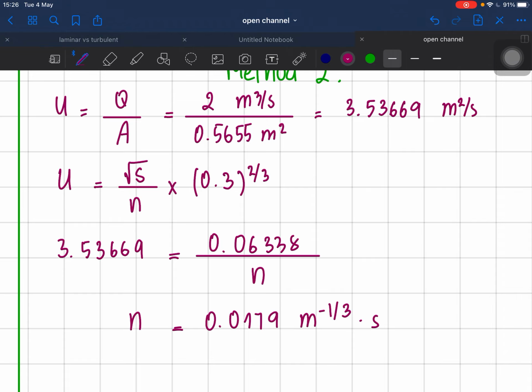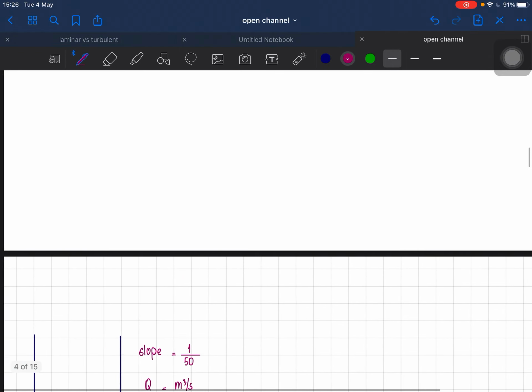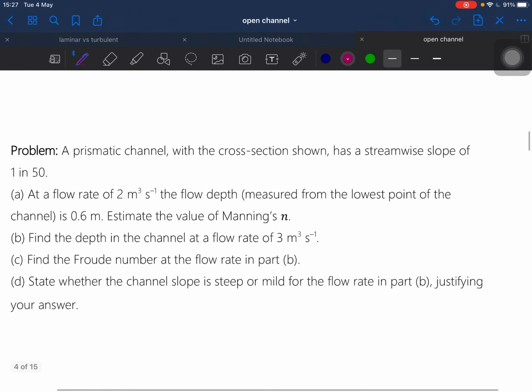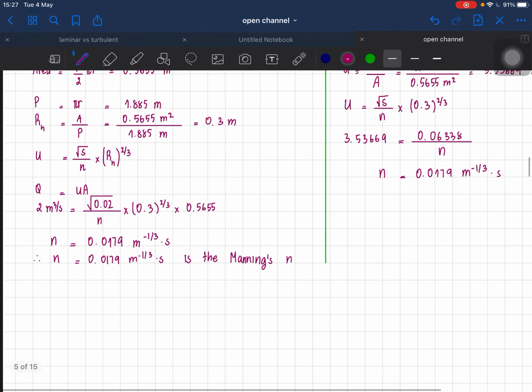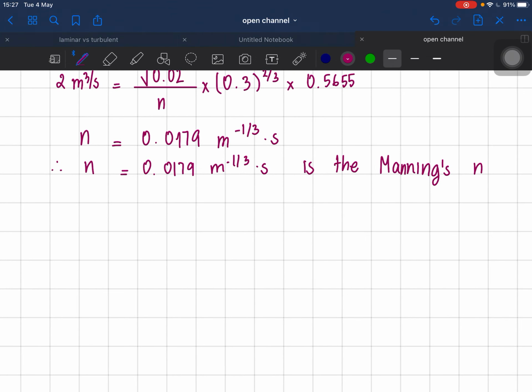Okay, and then we can proceed to question number 2. Find the depth of the channel of flow rate of 3 meter cube per second. So in this case, we're going to do something a little bit similar to the previous one.